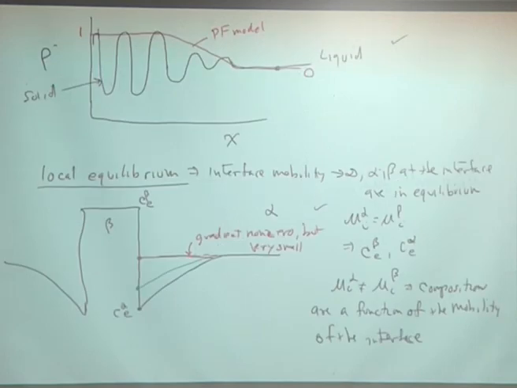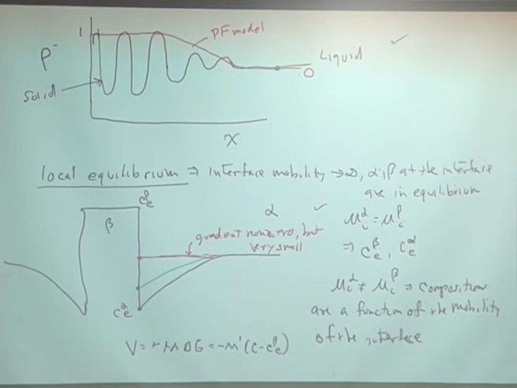So in the case that I've sketched here, where you have composition, the velocity is going to go like minus a mobility times delta G, where this is the free energy change on taking an atom from one phase and putting it into another. And if you Taylor expand that delta G and write it in the simplest form, it's going to look something like that, where you just have a linear term in composition.